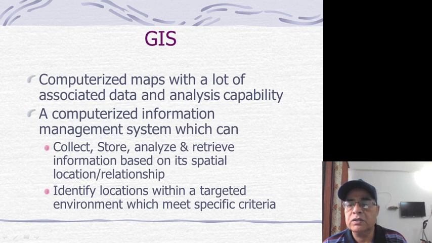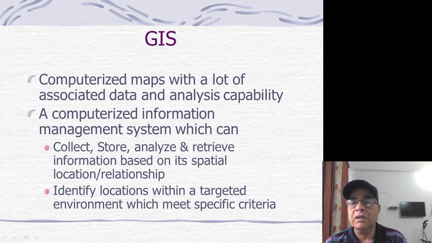When I talk about depth to water level, it should be moderate or deep, say more than 15 meters. And for the soil, it should be clay type soil which has very less permeability. Now the GIS will analyze this complex query and give us a location which meets the specific criteria, right?